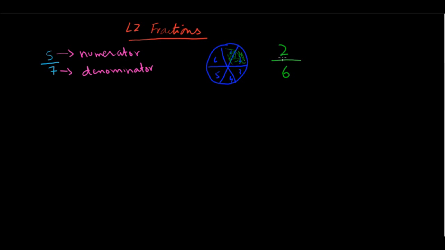This can actually be simplified a bit, but we'll talk about that later. In words, this is written as 2/6. So Sohail ate 2/6 of the pizza. Similarly, let's say someone ate 1 slice, so 1 slice out of 6.